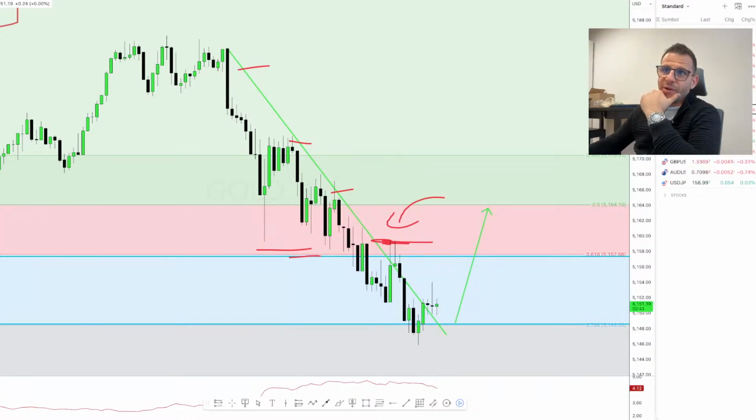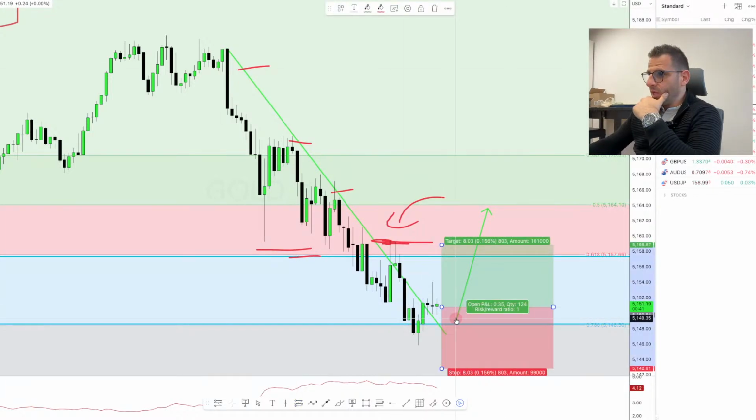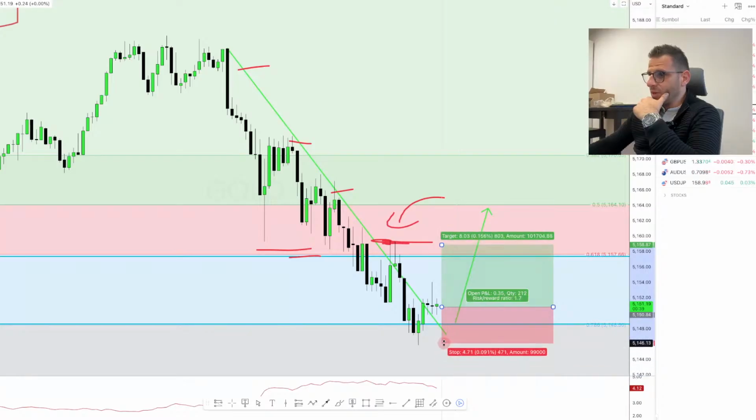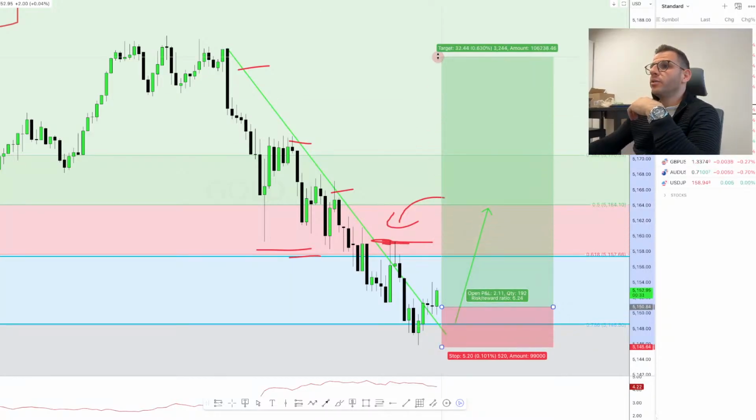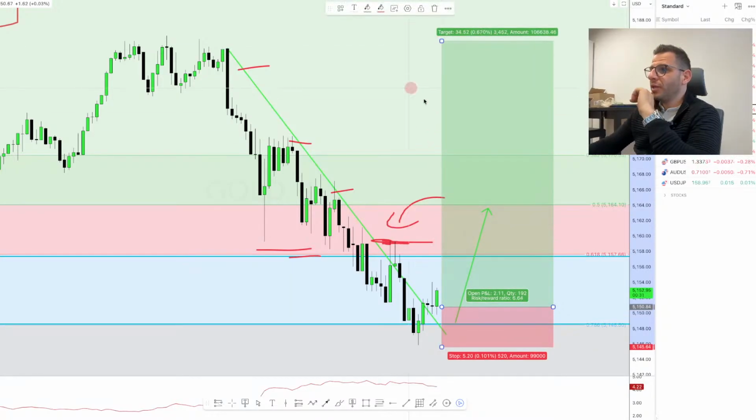Let's make a scenario that you bought here, you place the stop loss right there, or below this low if you want to be more accurate, and you are targeting the highs here, which leaves you with more than 6-to-1 reward to risk.